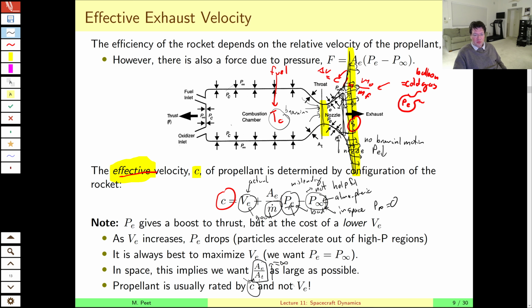We'll assume a perfectly expanded nozzle, and we won't talk about this going forward. But when you have staging, your first stage is in the atmosphere, and so the first stage will not typically have the same infinitely large exit ratio. And so you do have to take that into account.